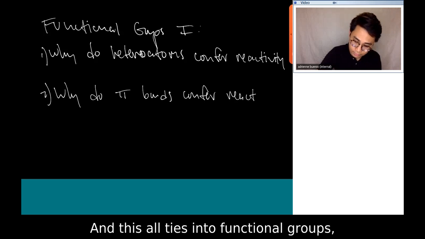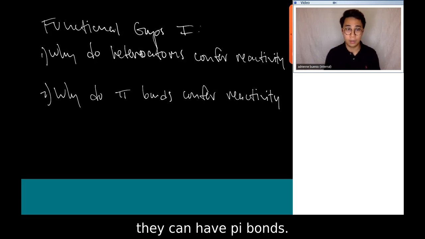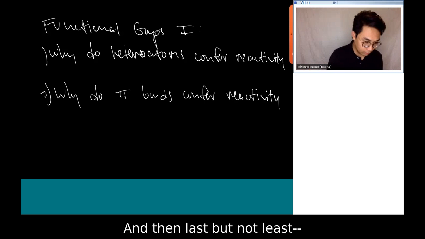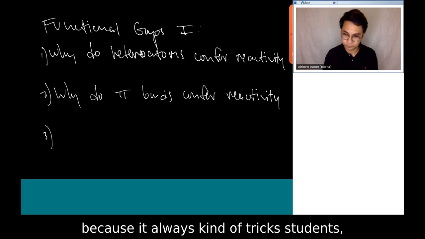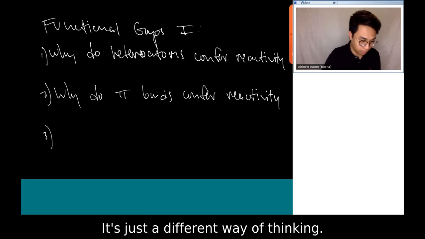And this all ties into functional groups because functional groups can have heteroatoms, they can have pi bonds, so it's not just about carbons and hydrogens now, right? And then last but not least, and this one's always a good question because it always kind of tricks students, even though it's not really that complicated. It's just a different way of thinking.